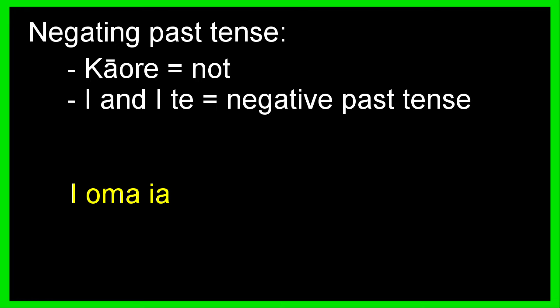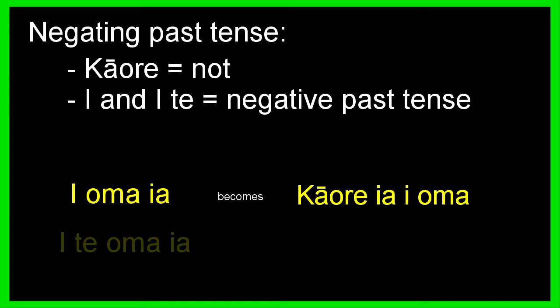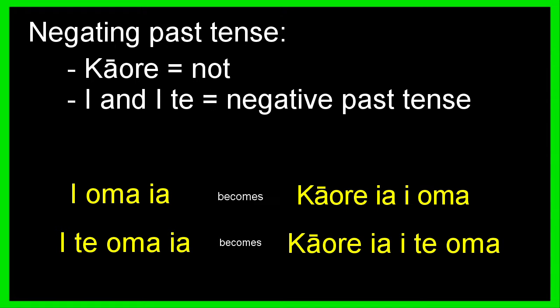I oma ia, he ran, becomes kaore ia i oma, he did not run. I te oma ia, he was running, becomes kaore ia i te oma, he was not running.